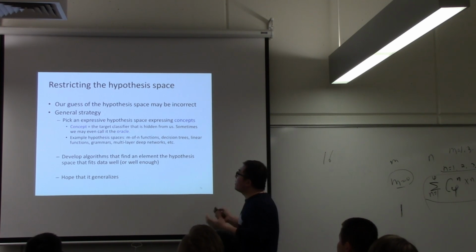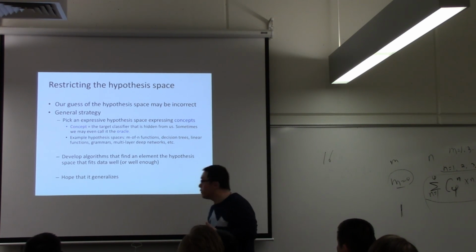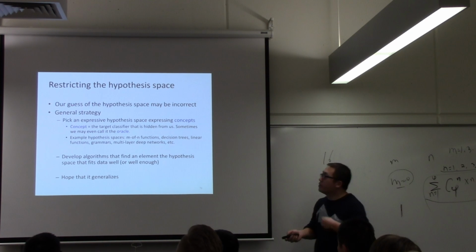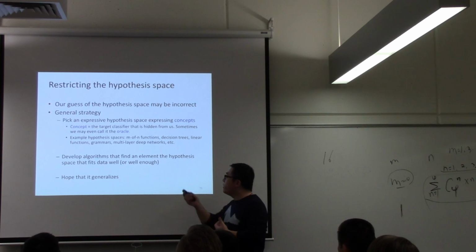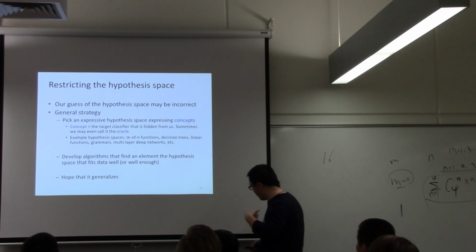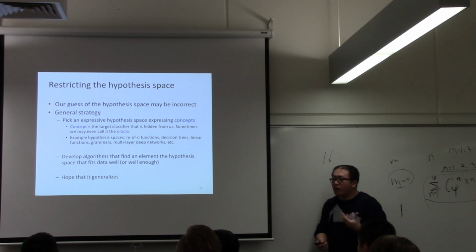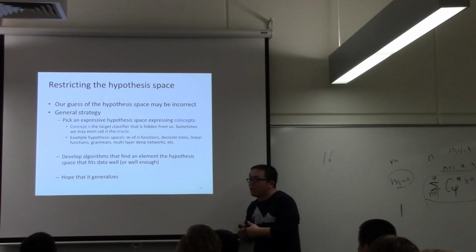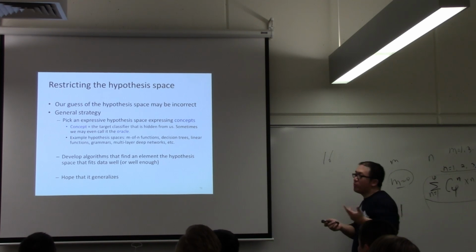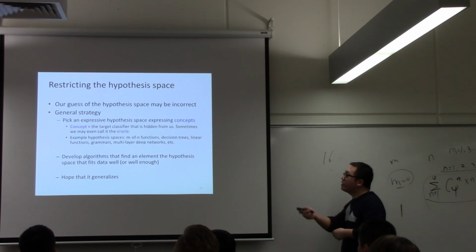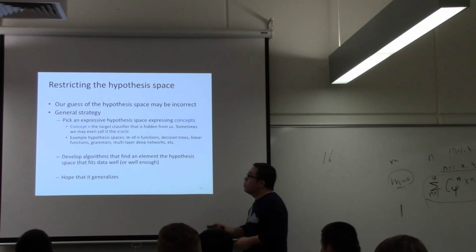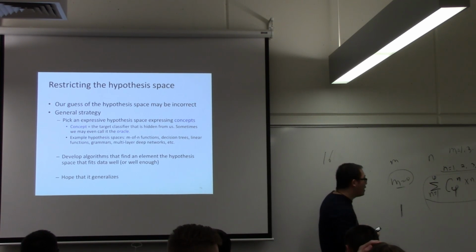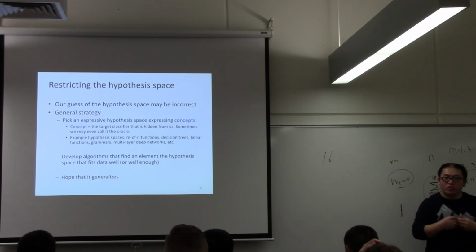So the general strategy for our learning algorithm is that we first try to take an expressive hypothesis space, and we hope that this hypothesis space can contain the target concept. By saying concept, I mean the target function or target classifier. Sometimes we may call it oracle. We must ensure that our hypothesis space is expressive enough, but we cannot make it extremely large.